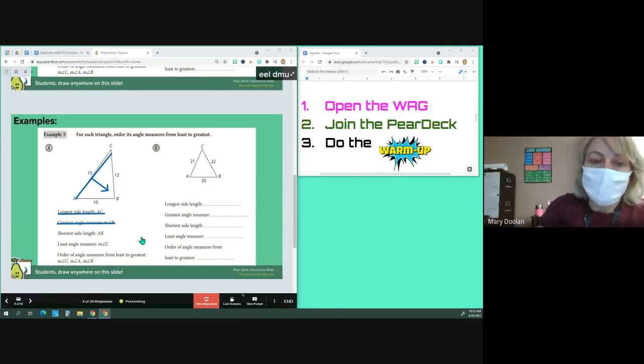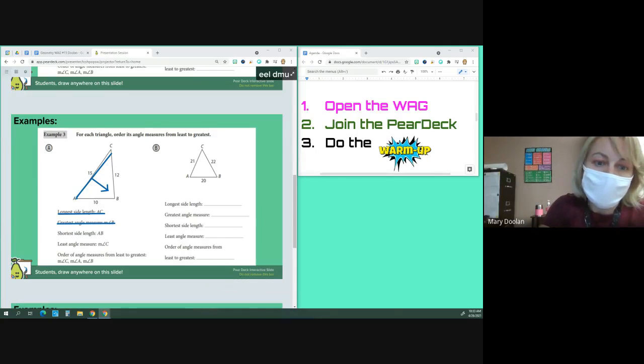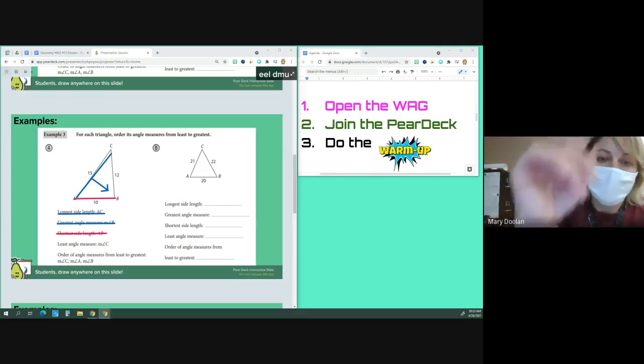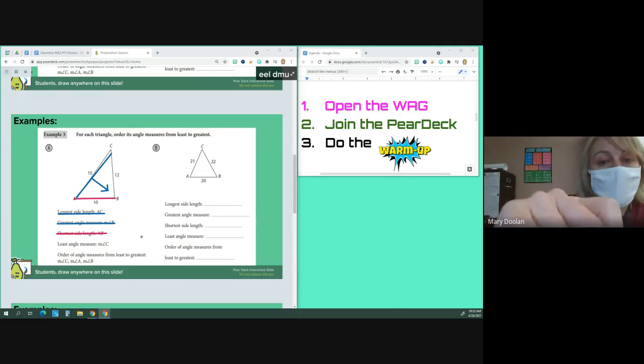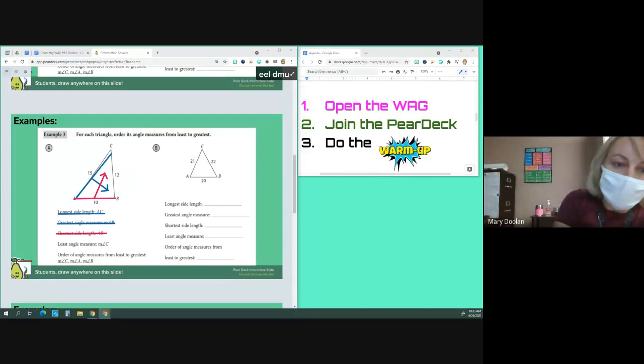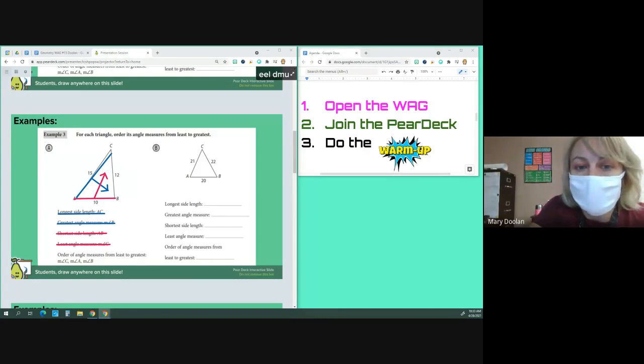And then for the shortest side, you can see here that our shortest side is 10, or AB. If we look at the angle that is across from that shortest side, it's pointing to angle C, and that will also be the smallest or least angle measure.